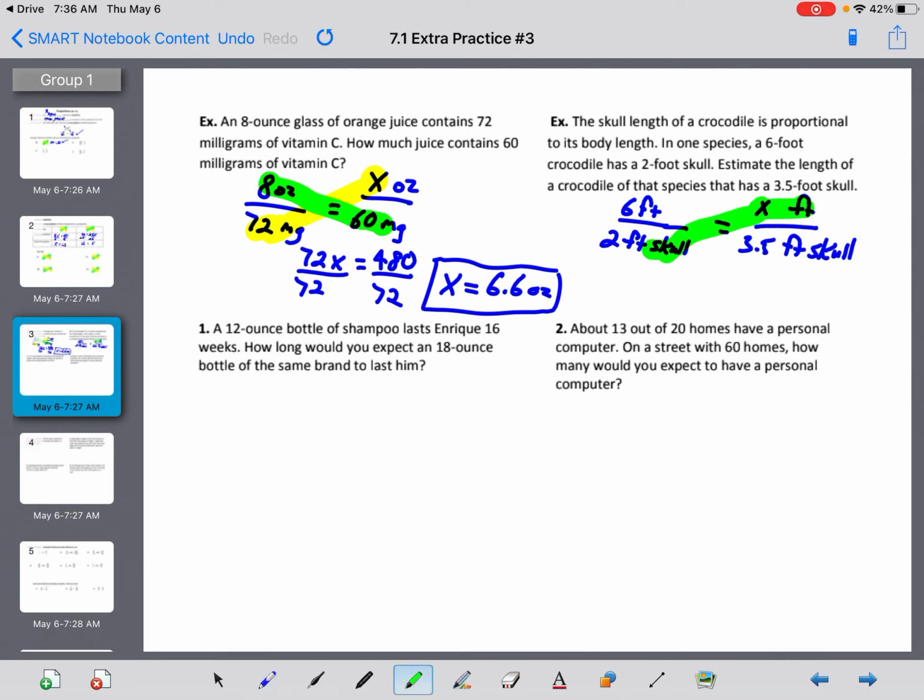So what do we have here? We have x times 2, and we have 6 times 3.5. Well, 2 times x is 2x, and 6 times 3.5 is 21. Divide both sides by 2, and x equals 21 divided by 2, which is 10.5 feet.